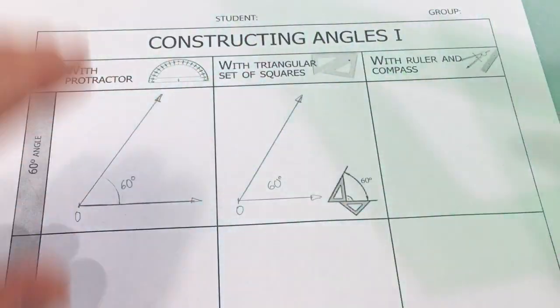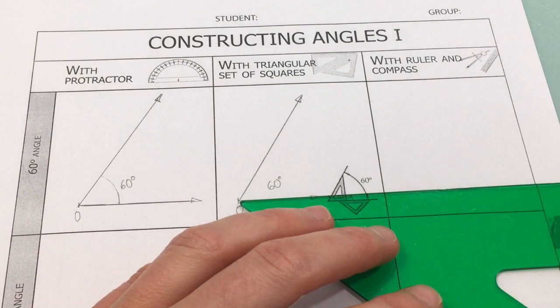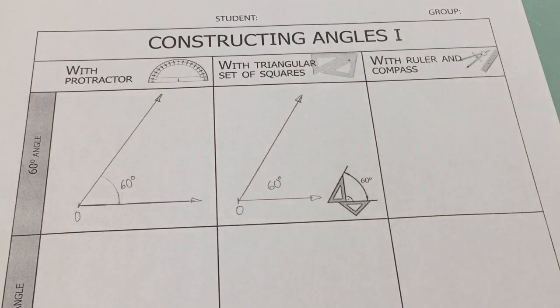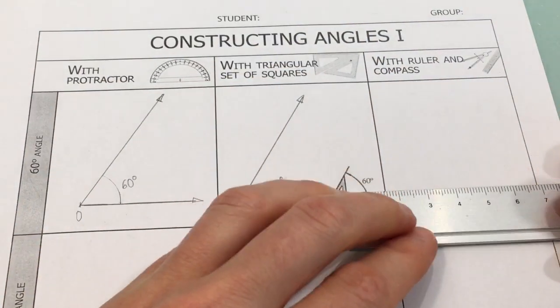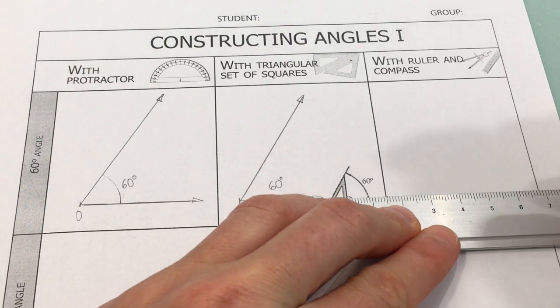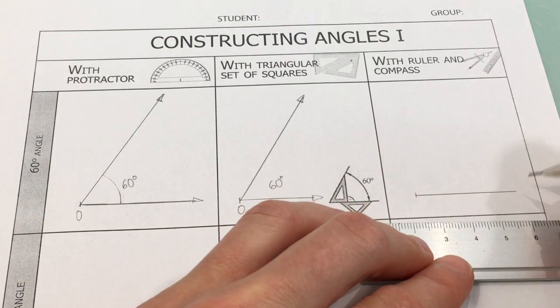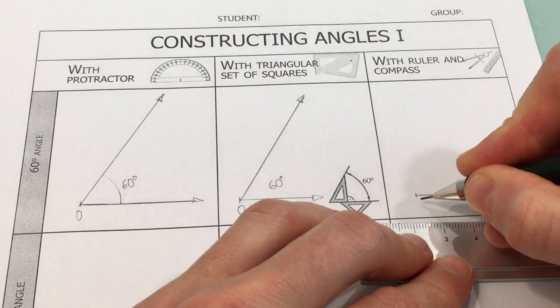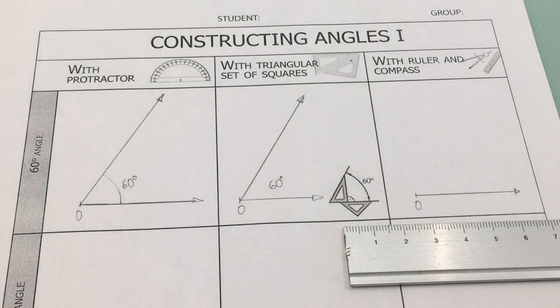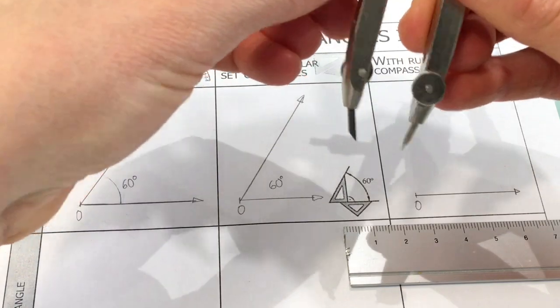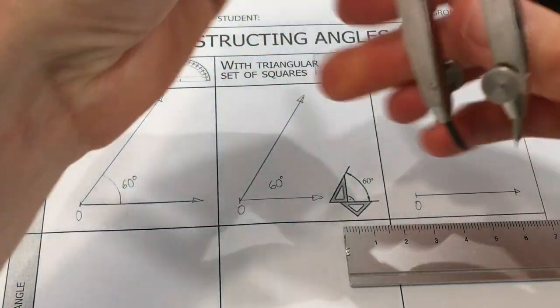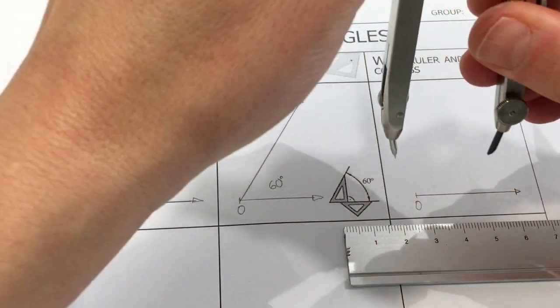To construct a 60 degrees angle using the compass and the ruler, we make the baseline, the ray, and we set the position of the vertex. You open your compass any radius and you construct two arcs.